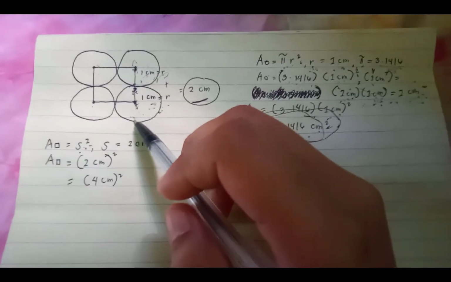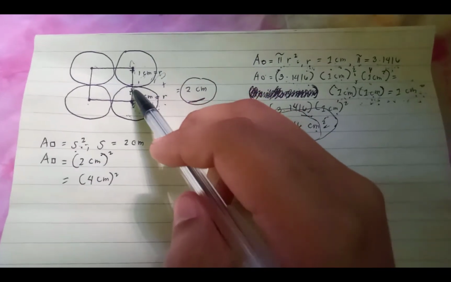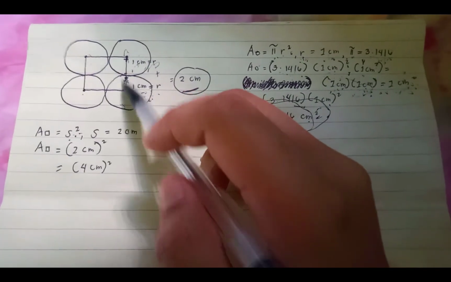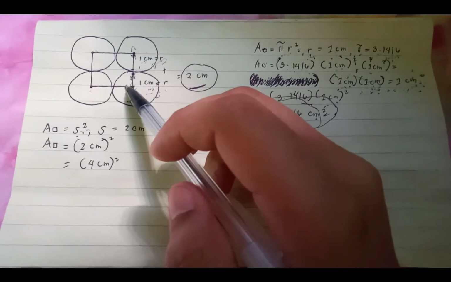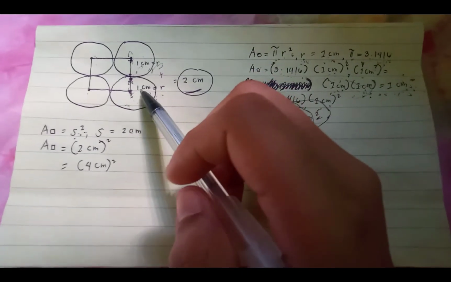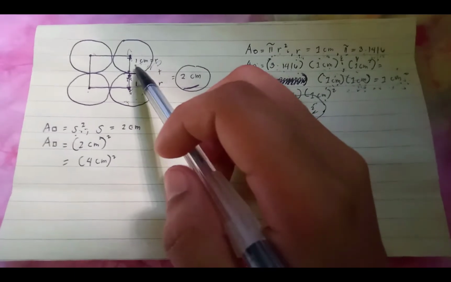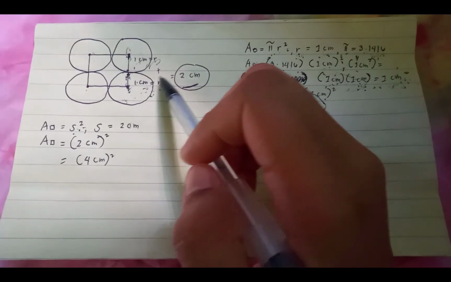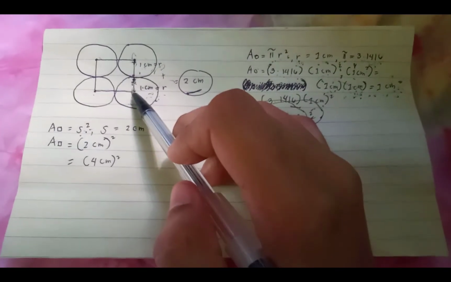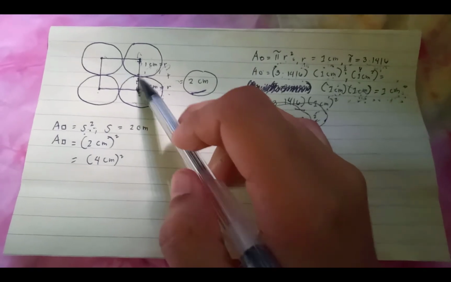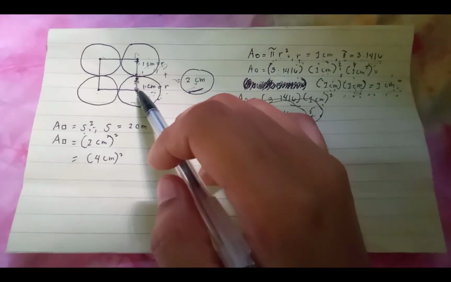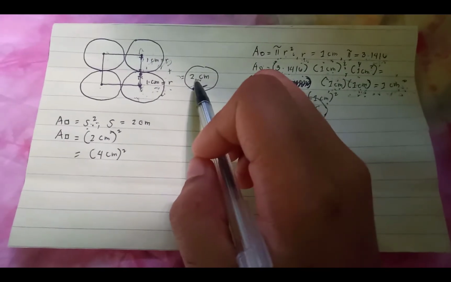We can see here from the center to the end point and the center to the end point, that is one side of our square. So also they have 1 centimeter and 1 centimeter. So 1 plus 1 is 2 centimeters. From here to here, that is one side of our square, which is 2 centimeters. So the size of our square is 2 centimeters.